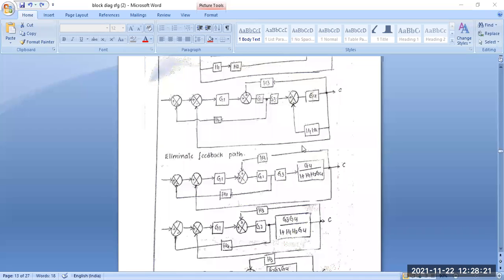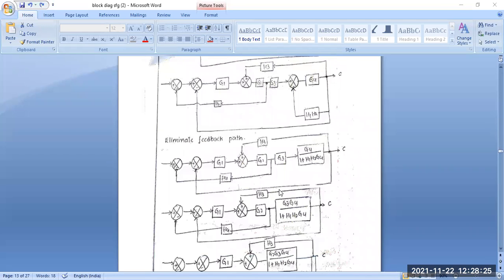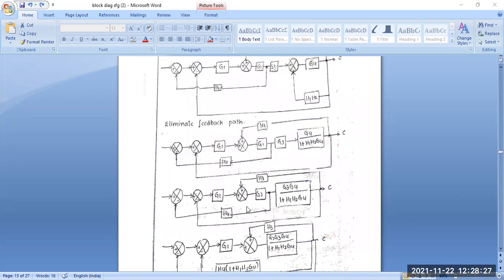And the other part is also the same. Next part, we have to cascade this block with these blocks also. That means G2, G3, the other blocks. So first we have to cascade G3, G4.